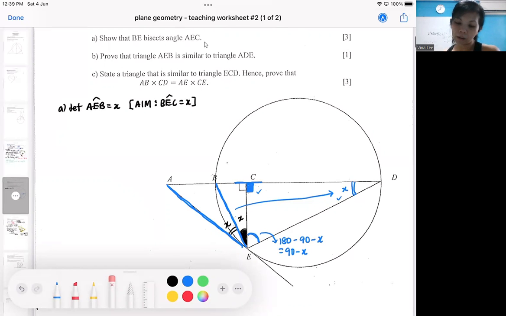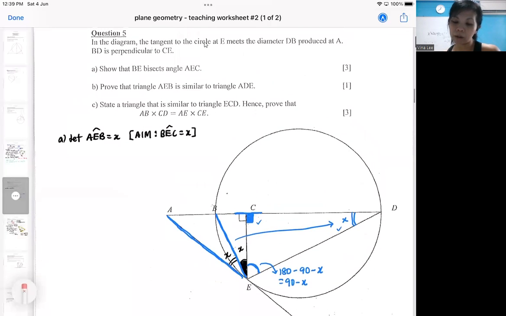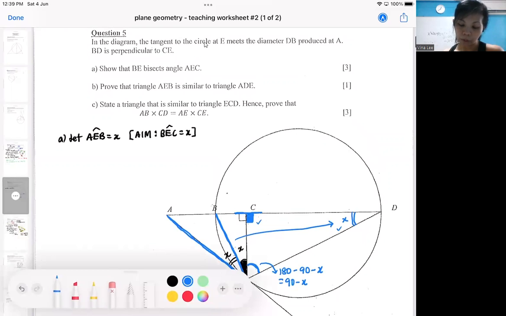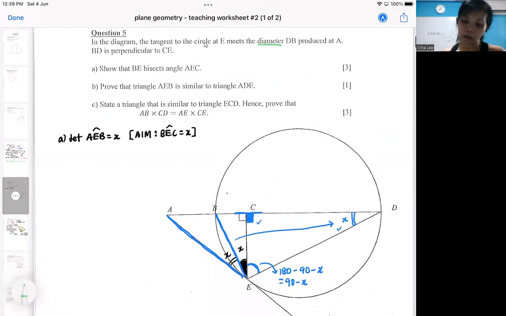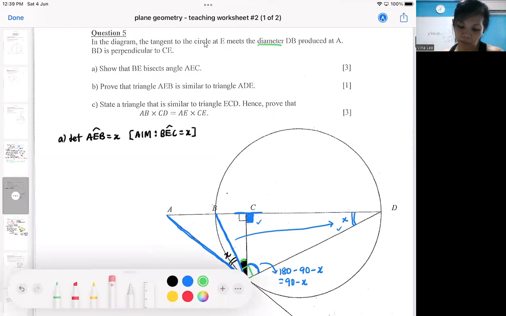Then after that, the question did mention something about a diameter. So the diameter will have created a 90-degree. So locate the 90-degree here. This green 90-degree is due to angle in a semicircle. And subsequently, if you look at your aim, your aim is trying to get that as an X. So now I'm going to explore.